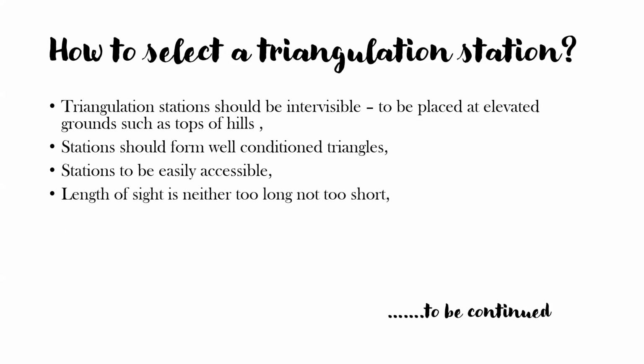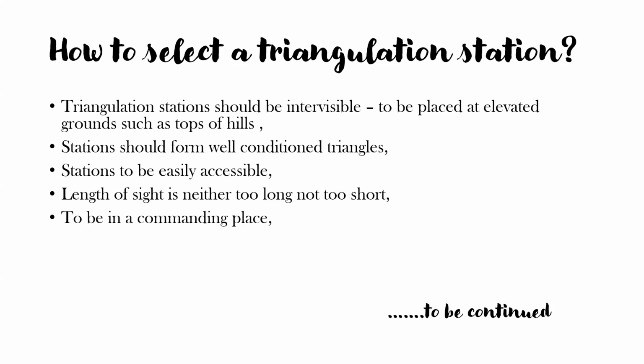They should be selected so that the length of the sight is neither too small nor too long. Why is this so? A small length of sight will result in errors due to centering and bisection, while a large line of sight will make the signal too indistinct for accurate bisection. So preferably the lengths should be equal, neither too long nor too short.